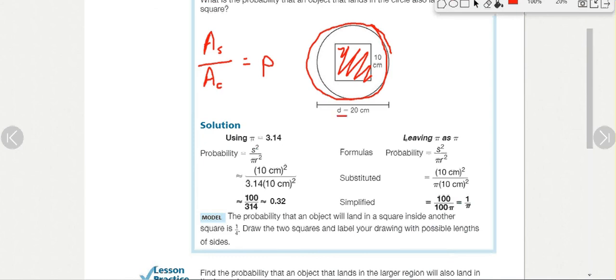Notice they gave us the diameter of the circle on the outside so that it wouldn't get crowded on the inside there. That's 20. How do we find area of the square? 10 squared. Area of the circle? Radius is 10. Ooh, 10 squared looks the same. Times pi.